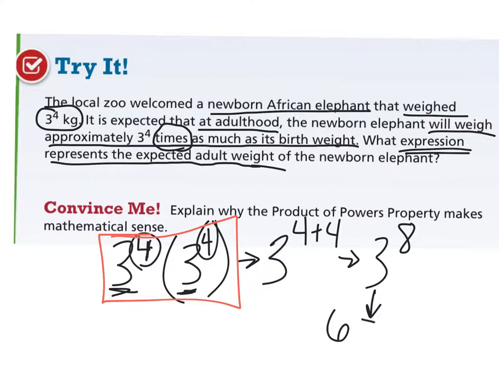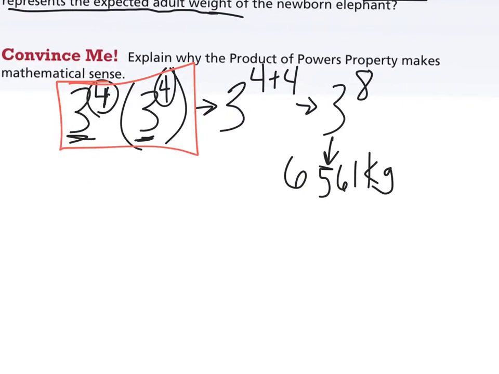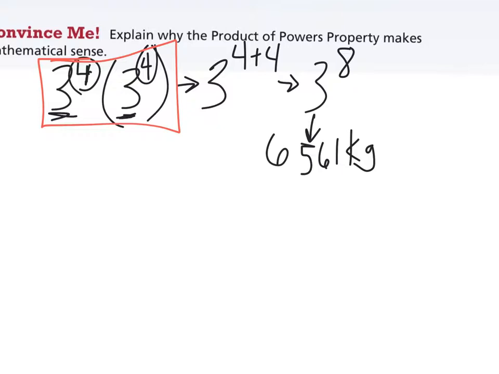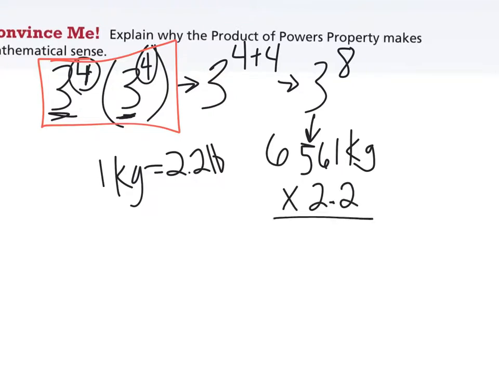Okay, so 6,561. Now that's kilograms. We don't really use kilograms much here, right? What do we use? Pounds. Okay, so 1 kilogram is about 2.2 pounds. So if you took that answer times 2.2, that would tell you how many pounds.